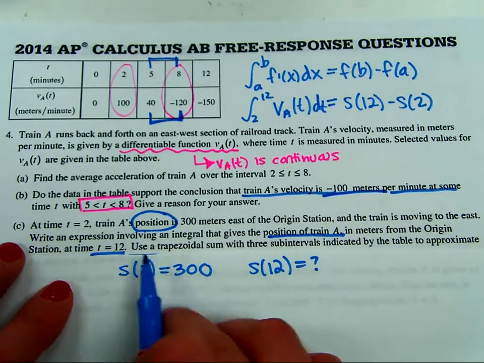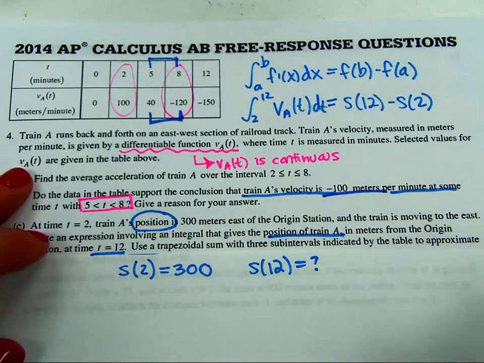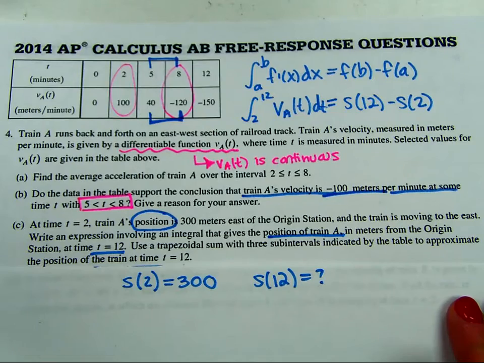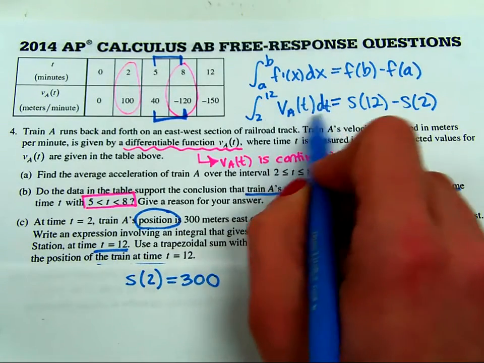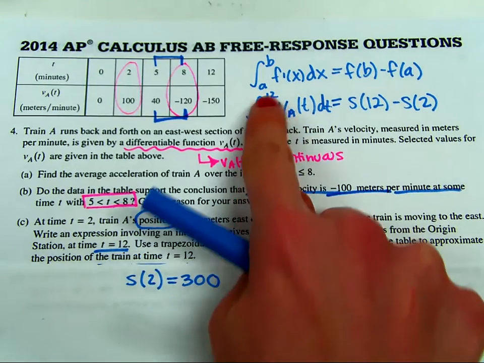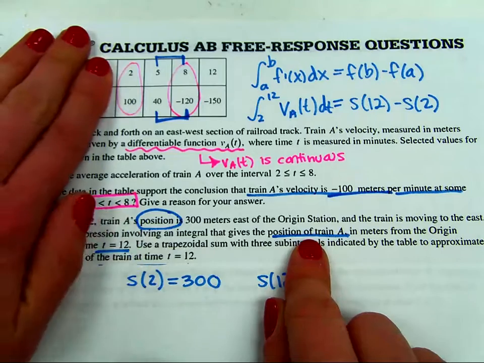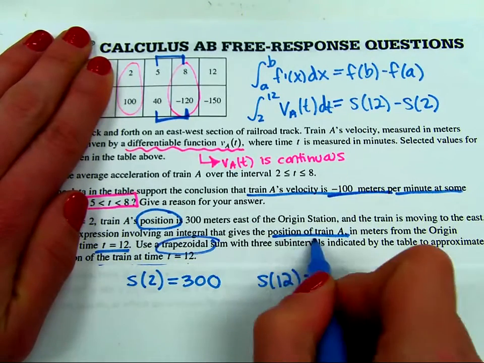They say use a trapezoidal sum with 3 sub-intervals indicated by the table to approximate the position at t equals 12. I think they're saying that we need to use a trapezoidal sum here. And be careful, it's from 2 to 12. So in our table, we have 0, 0. We're going to ignore that. We're only doing from 2 to 12, and they want a trapezoidal sum with 3 sub-intervals.